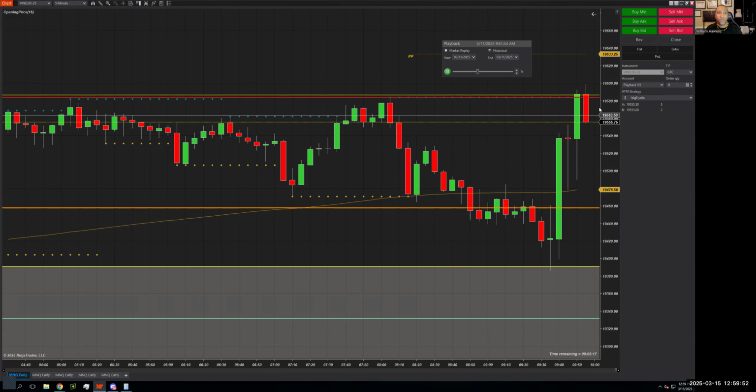And if I would have stayed in that trade, look, it still couldn't break too far above it because not only is this the overnight high, but it's also a 1 hour triple threat. That's why I was like, win, lose, or draw, I'm selling.